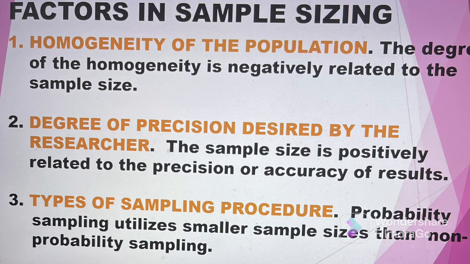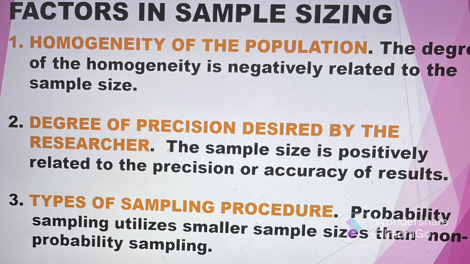The second factor to consider is the degree of precision desired by the researcher. If you want to have 100% precision or 100% accuracy of the result of your study, this means that the sample size is positively related to the precision or accuracy of results.